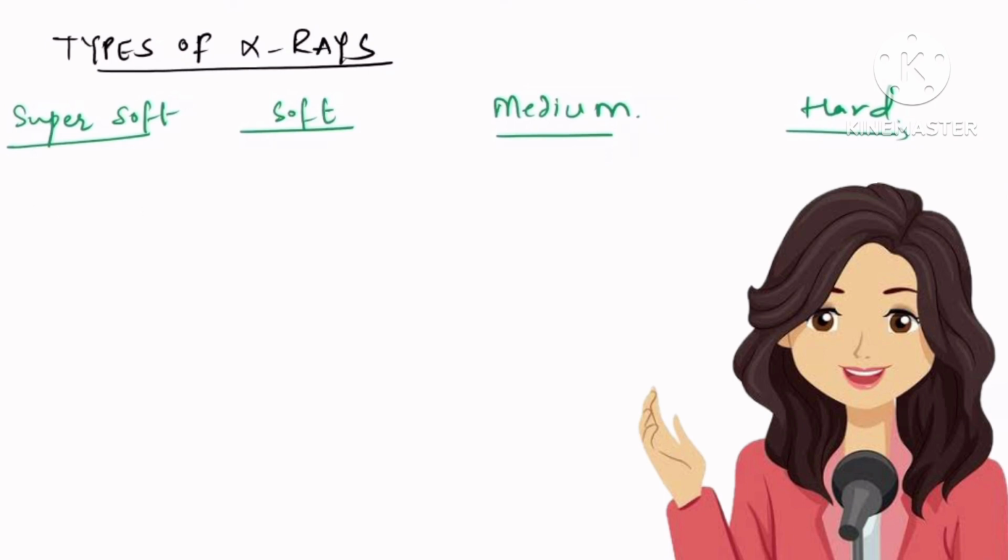Okay, in which therapy it is used, whether it is diagnostic or not. All right. So super soft X-rays have a wavelength of 1 to 2 Armstrong. Super soft X-rays have less energy, less penetration power.